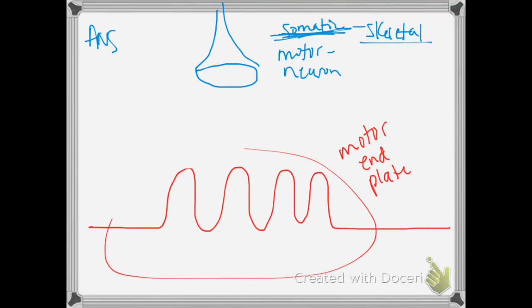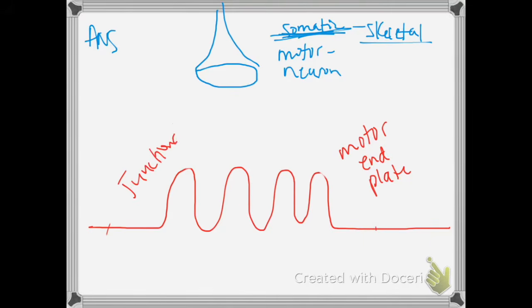Within the sarcolemma, you can clearly see there's this differentiation or modification of the sarcolemma. We have these folds here. These individual folds are called junctional folds. So this is a junctional fold, that's a junctional fold, that's a junctional fold.